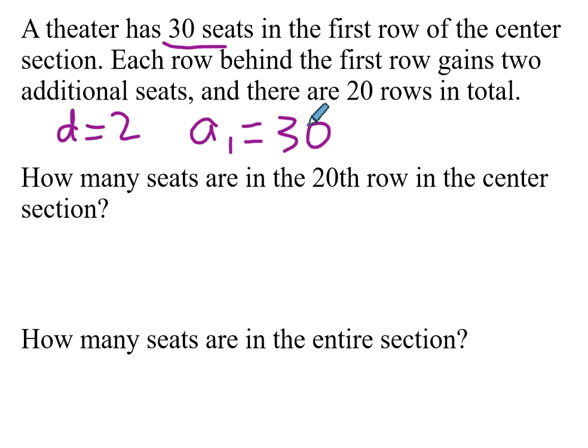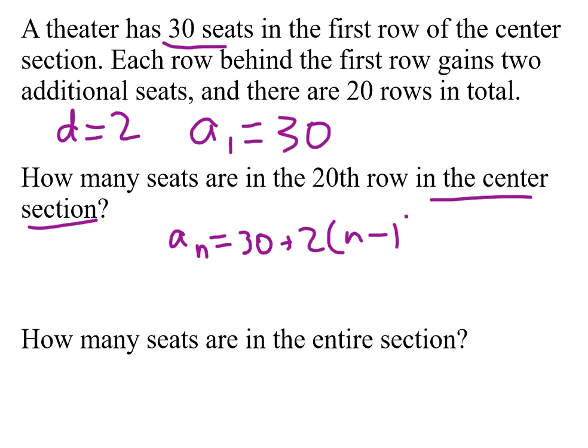It's only the center section in this whole problem. Well, that's a term number. So I want to find our explicit formula first. So 30 plus 2 times n minus 1.